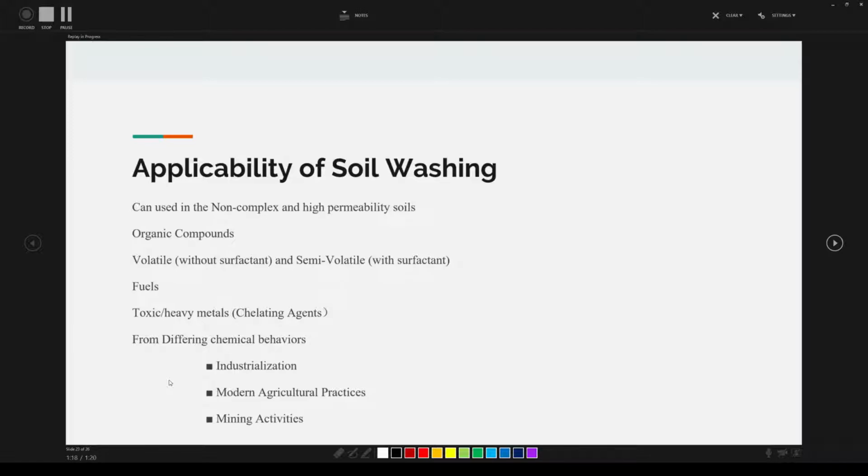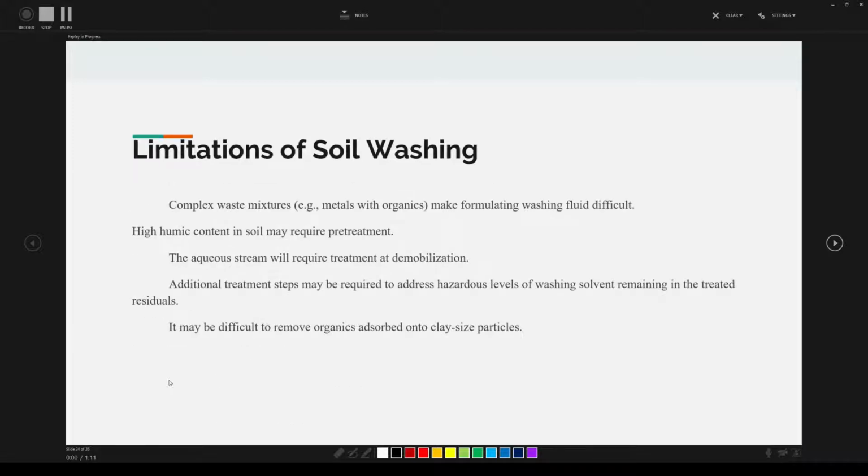It also has a lot of limitations, as we talked about before, so it's used in non-complex soil. If we have a complex waste mixture, like metal with organic, that makes the soil very difficult to wash.